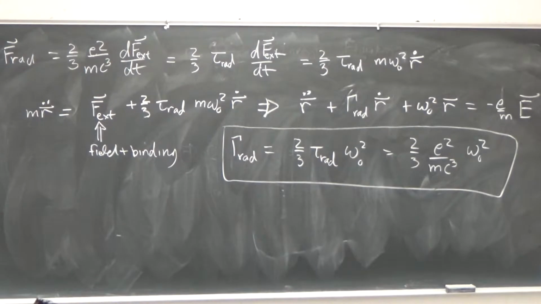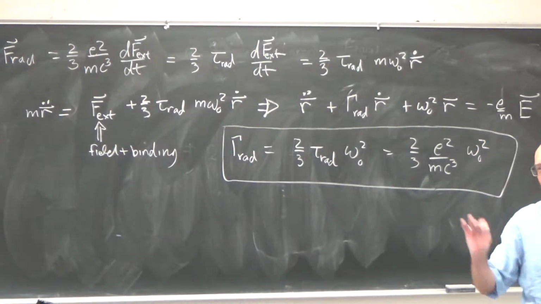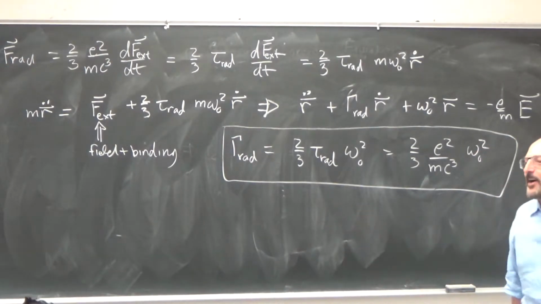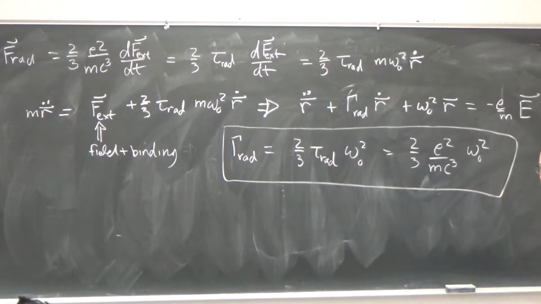Oh, this is perturbation, so ignore that and put that in there, and I kind of do a little dance. I get this. And this expression is amazingly close to what you would get from quantum mechanics, as we will see a little bit later in the semester.